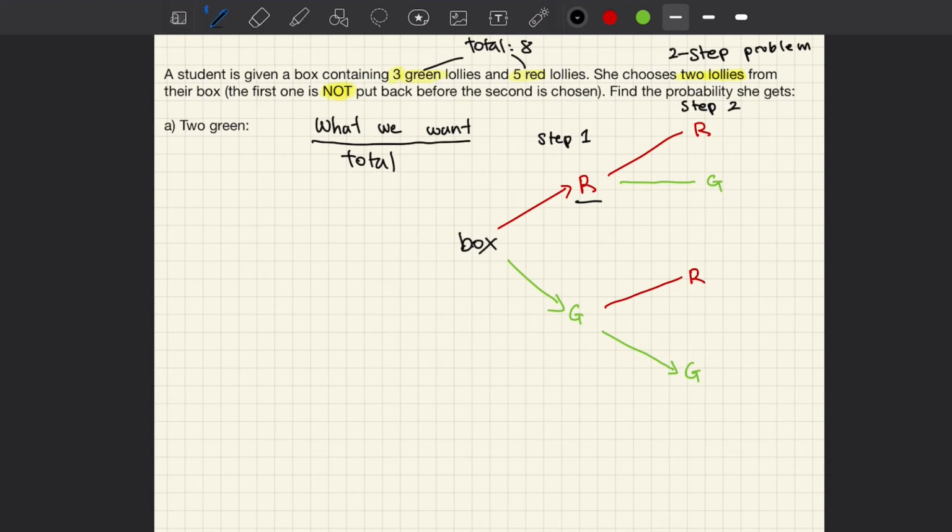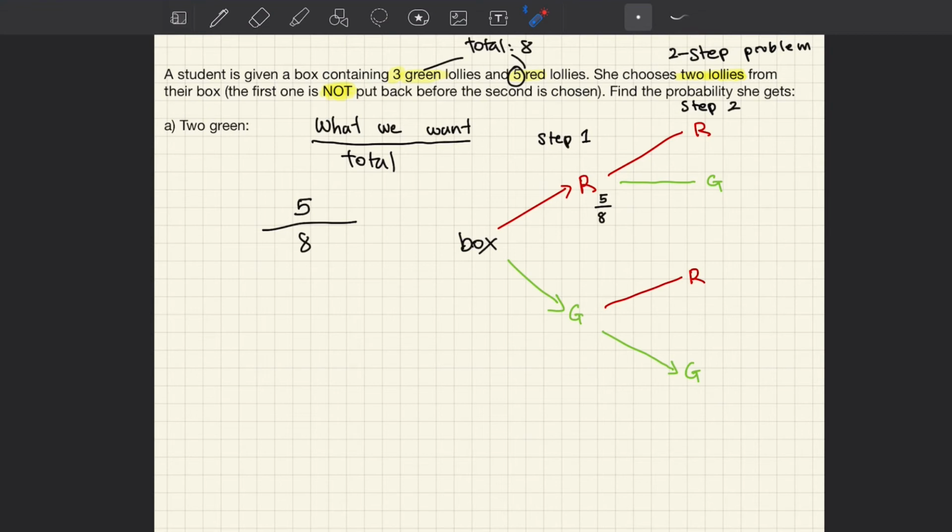Okay, so how many reds are there? There are 5 reds, as you can see. 5 reds. So this means that we want 5 reds over the total, which we talked about, which was 8. So that's 5 on 8. Good.